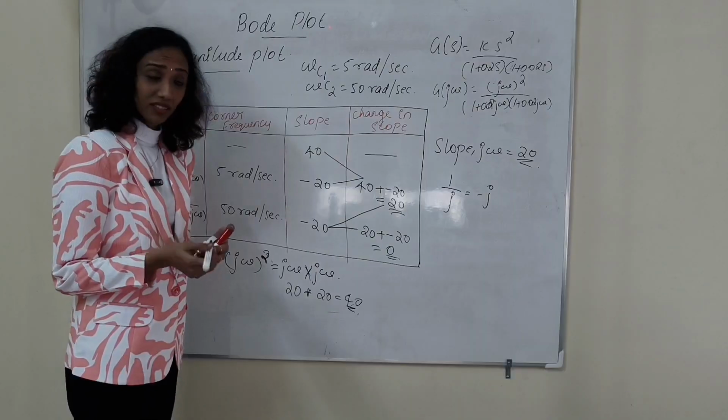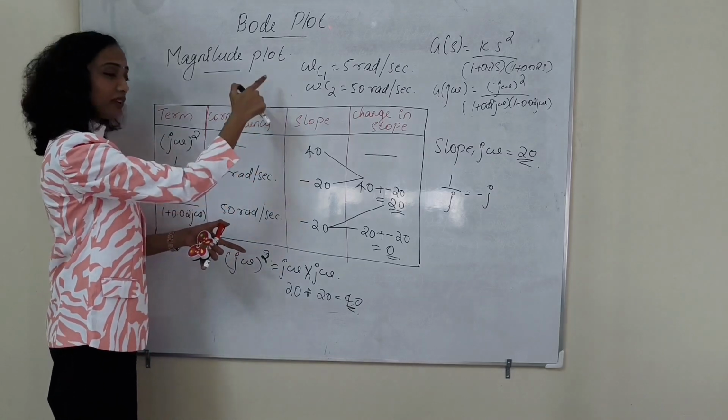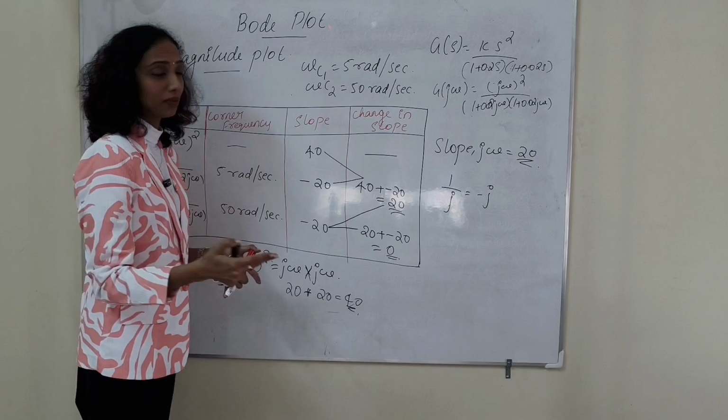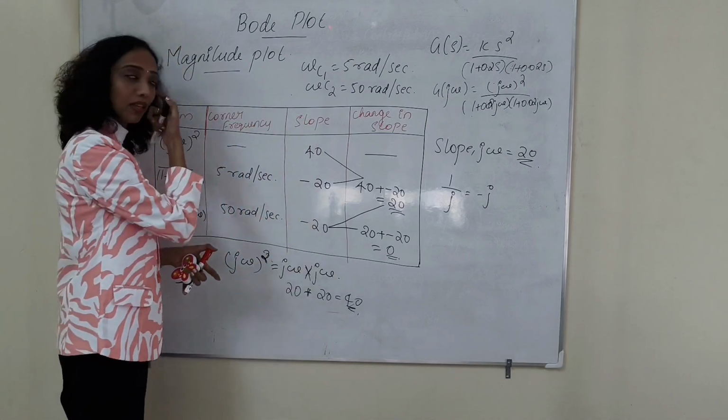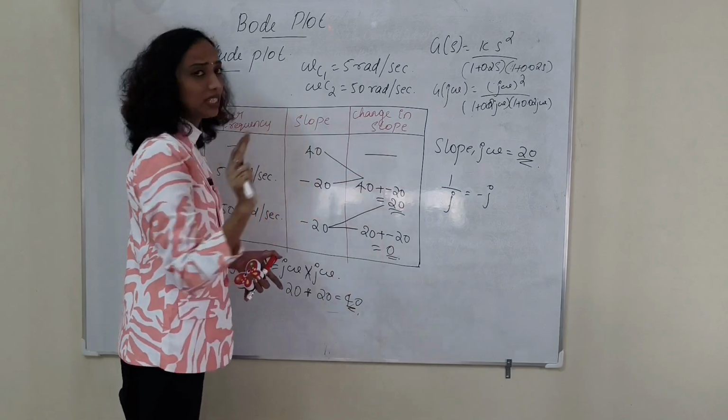You all understand this? For the first term, we didn't have any upper term. Here we have the first term, j omega square, it's 40, and it shouldn't have any change in slope.